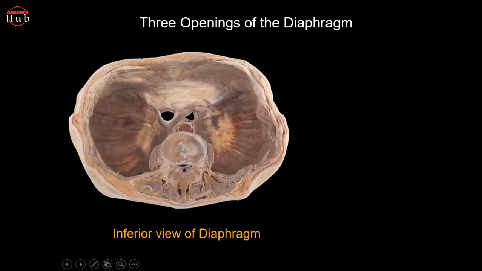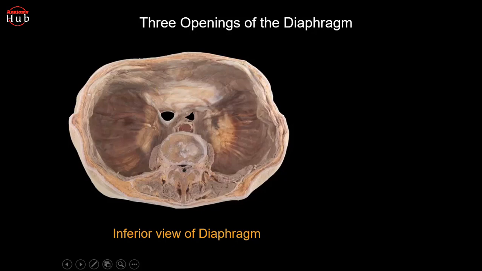From there the muscle fibers arise and go upward and medially, and they form the central tendon, and at this central tendon you will find the openings, the pathways through the diaphragm.